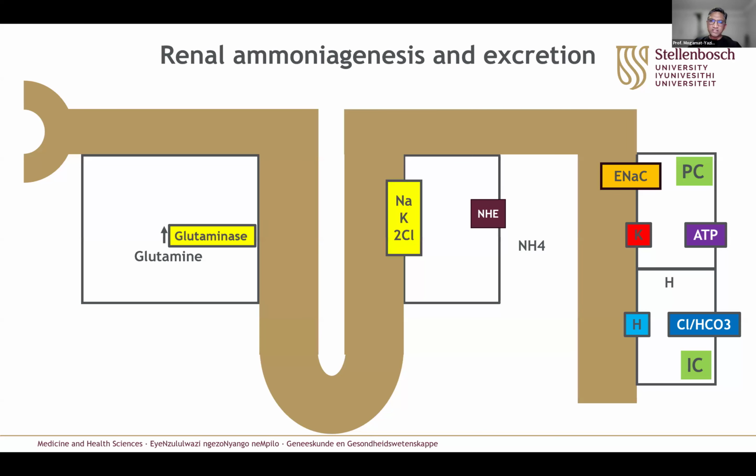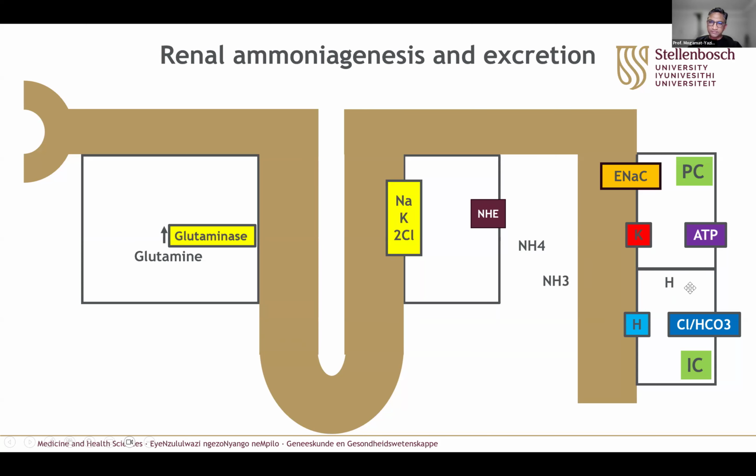And here it splits up into hydrogen and ammonia. So here we have ammonia now. So this ammonium has now split up into a hydrogen ion and an ammonia molecule.